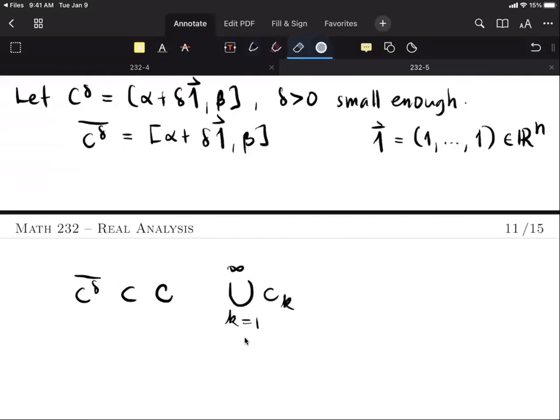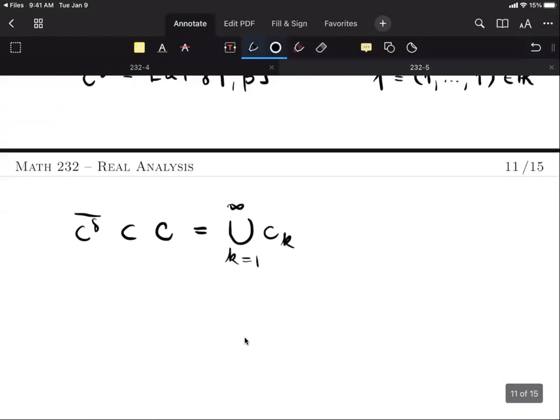Well, this is precisely, in fact, equal to the union. The union of the C sub k is equal to C. And let us make the C sub k's, in this case, larger. So k from 1 to infinity of, let's say, the endpoints of C sub k are A sub k, B sub k, but I want to make this larger. Let us denote this by E sub k.